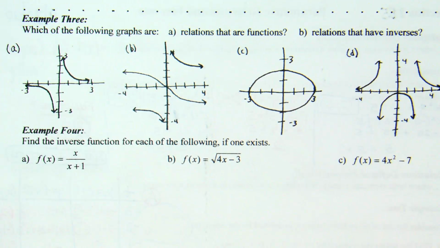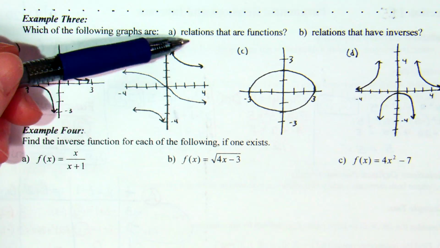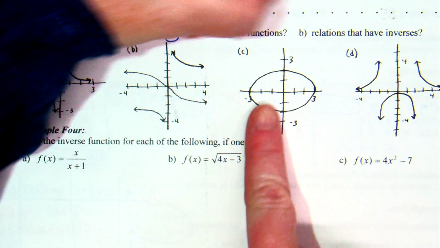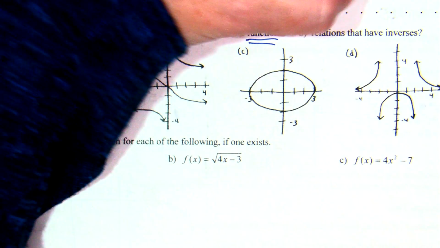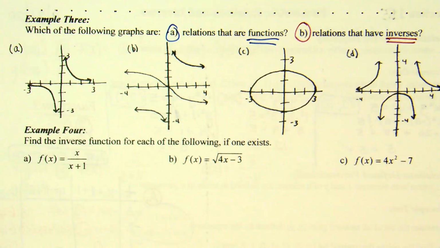Okay. Now, let's look at here. Which of the following graphs are A, relations that are functions? So A is asking us basically which of these are functions. And B is asking which of these relations have inverses.